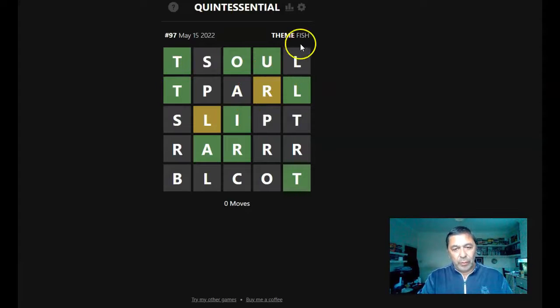Quintessential, right, so the theme is fish. So, right, so the first word is going to be trout. And there's only one other T, which is Bavaria. Right. I can't really think of any other ones other than looking at the letters we've got.